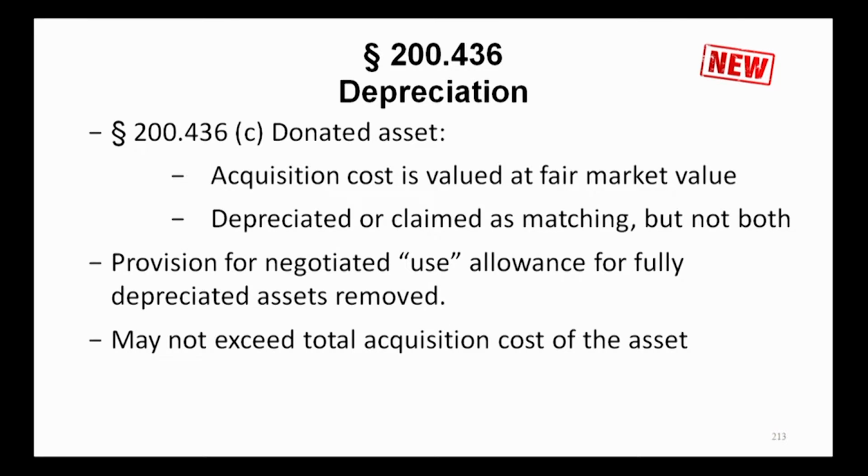And then here's the one that is really a big change that I noticed: the provision for negotiated use allowance for fully depreciated assets is removed. One of the depreciation methods was the use allowance. So even though we had fully depreciated a facility, we could negotiate a portion of that as a use allowance and receive some income from that federal program.